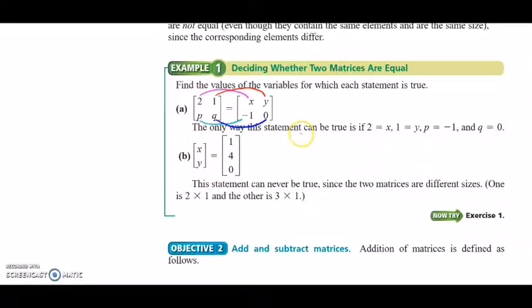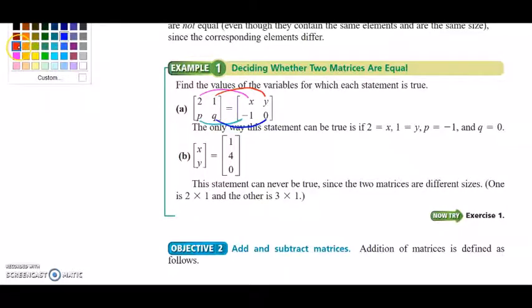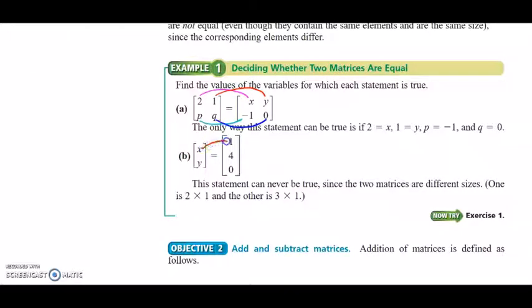So if those matrices are equal, then x is 2, y is 1, p is -1, and q is 0. But if we look at this next example, x maps to 1, y maps to 4, but nothing maps to 0, so this is why these are not equal. Let's look at example 1.